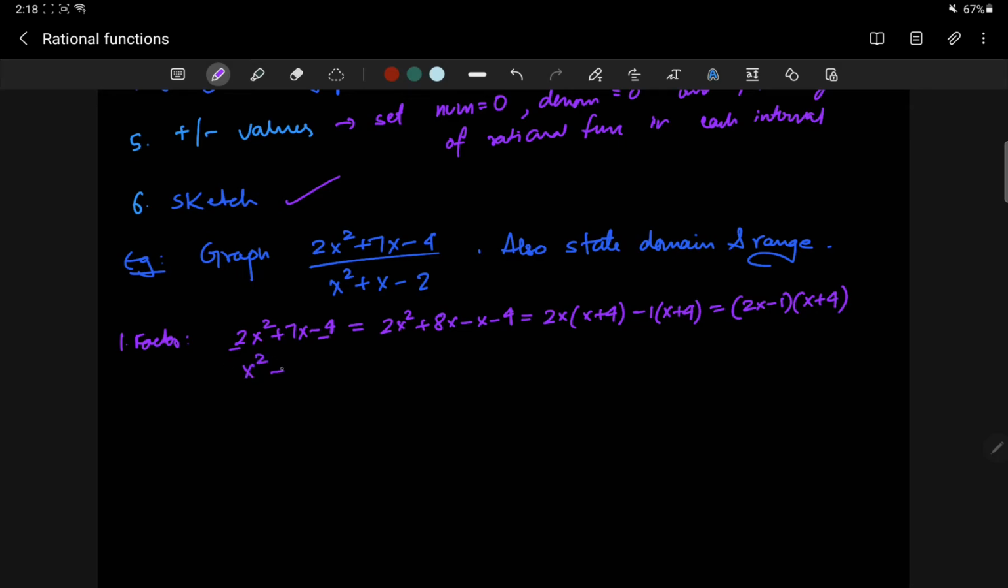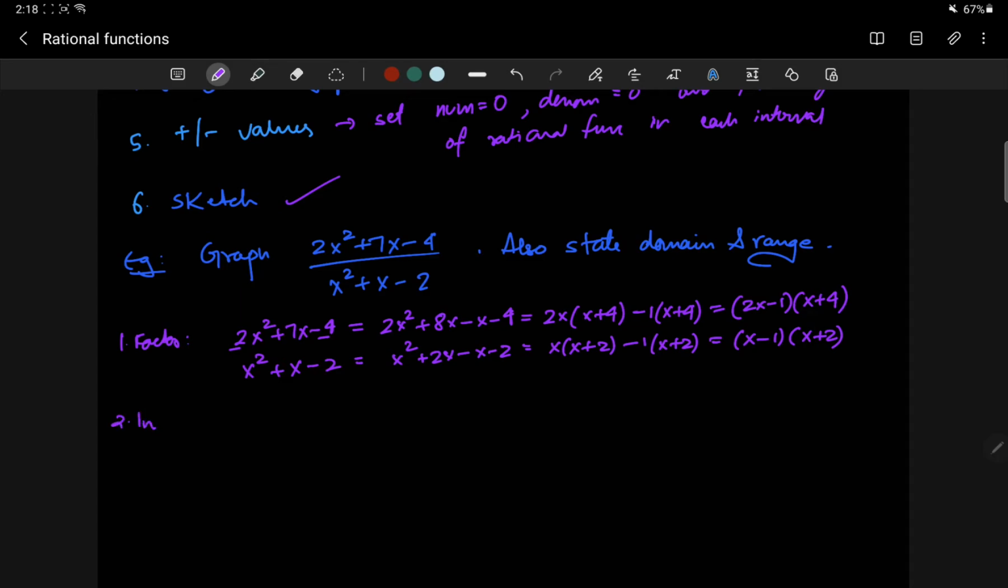Now I take the denominator and I do the same thing. Very few possibilities here. Multiplication -2, it can only be 2 and 1. So that becomes an x plus 2 minus 1 x plus 2. Then that becomes an x minus 1 and an x plus 2. Okay, so that gives us the factors.